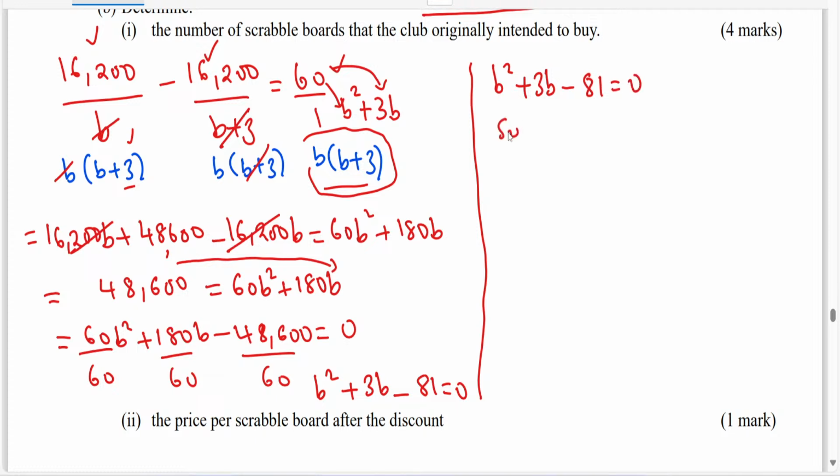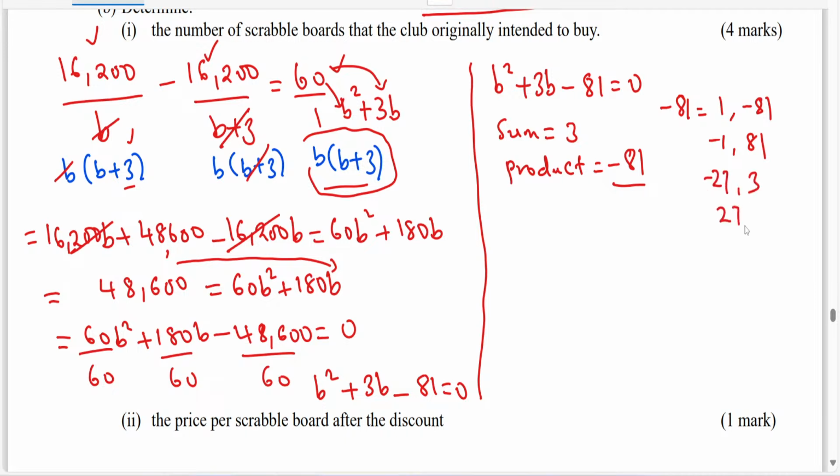So let's use sum product. Your sum ni 3, your product ni negative 81. So which two numbers? Niki multiply itanipa negative 81, niki add itanipa 3. So let's take this one, negative 81, tupate combination zao. So combination ya kwanza ni 1 na negative 81, ama negative 1 na 81. Combination nyingine 81 divided by 3, so ya pili ni negative 27 na 3, ama 27 na negative 3.